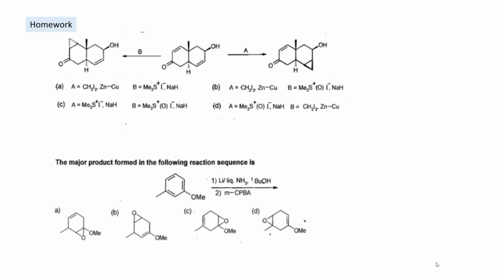I hope you have tried. For those who haven't, and just to recheck your answer, I am solving this again. So let's start today's class. After that we will discuss some more name reactions which have not been discussed in the previous classes.